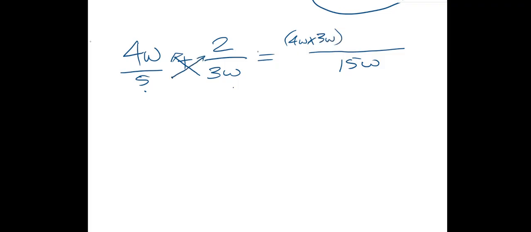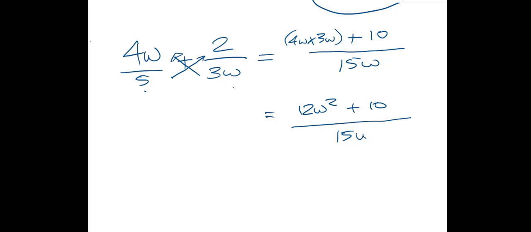Bottom to top, 10, and the plus comes across, and then when we simplify that, it's going to be 12w squared plus 10 all over 15w. Does that simplify? Well, it's tempting to simplify, but in this case, no, it doesn't simplify at all. You can just leave it like that. That's the correct answer.